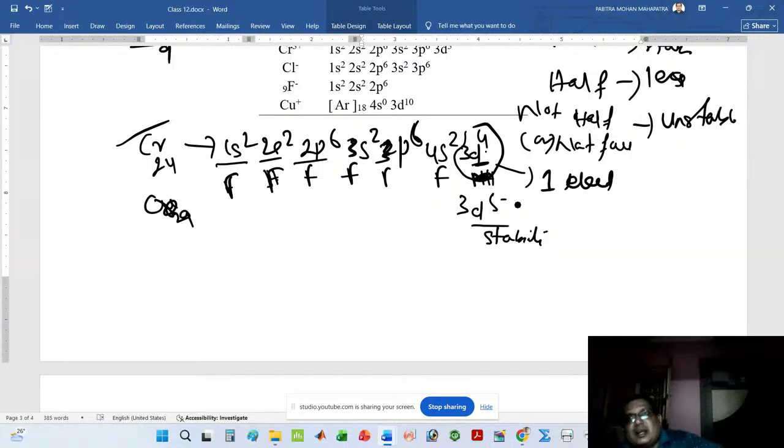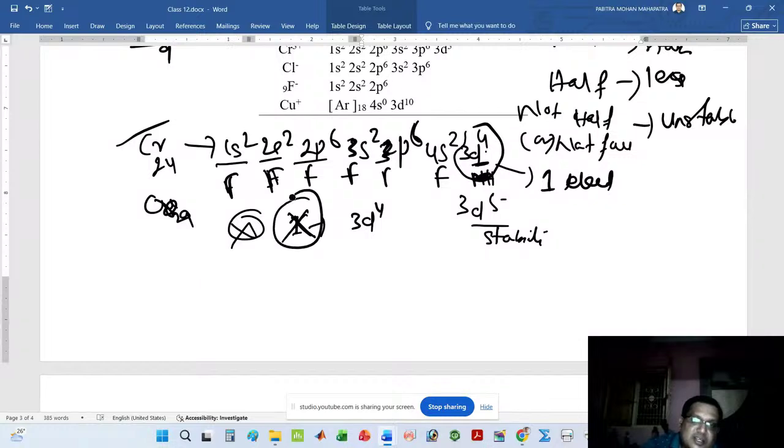Then a question will arise: who will give the electron to 3d? The source will give one electron to 3d. Suppose think about an orbital, say an x orbital.